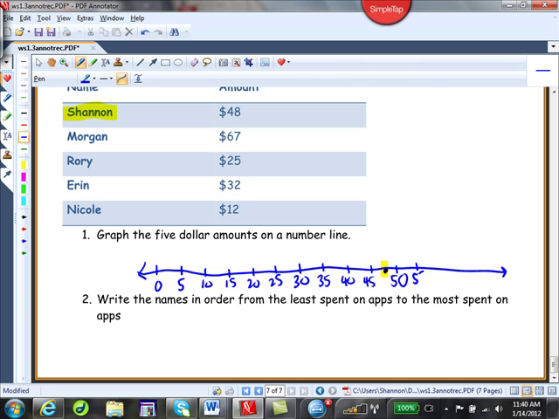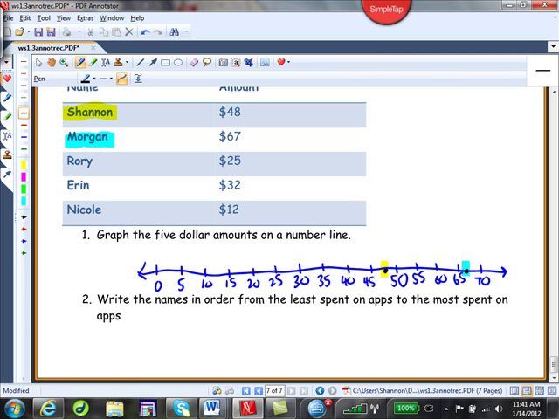So this would be 55, 60, 65, 70. There we go. So Morgan spent $67, so that'd be about here. So there's Morgan's amount.